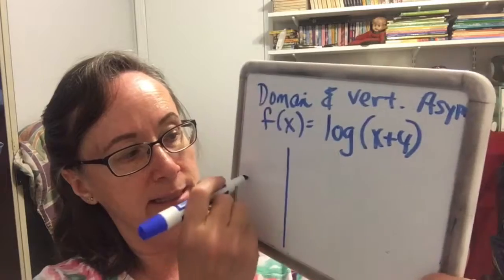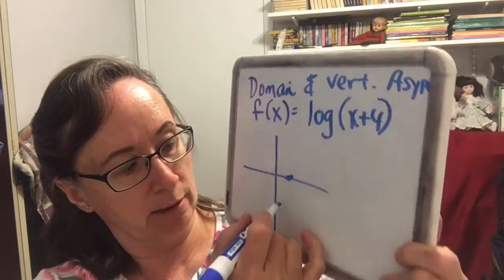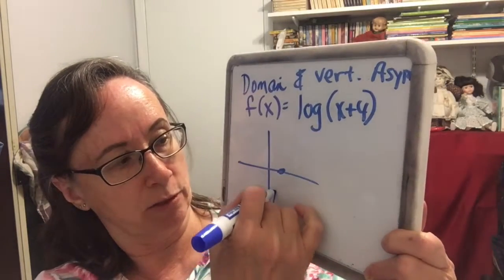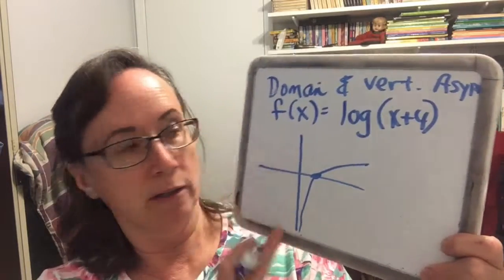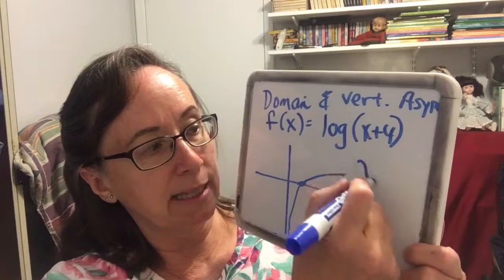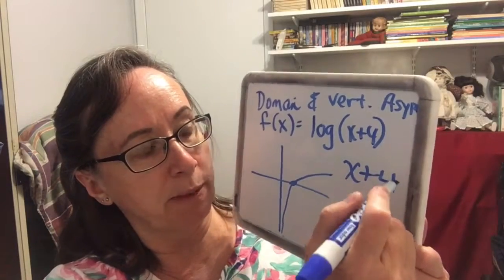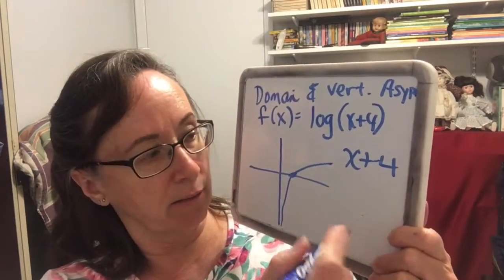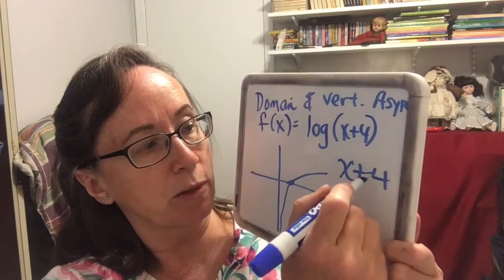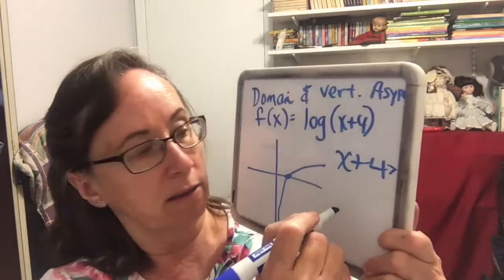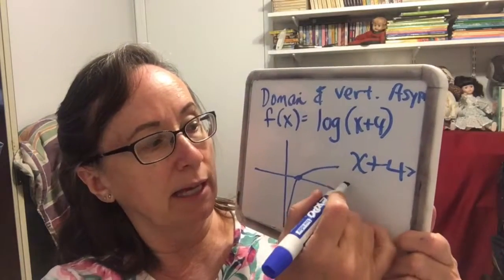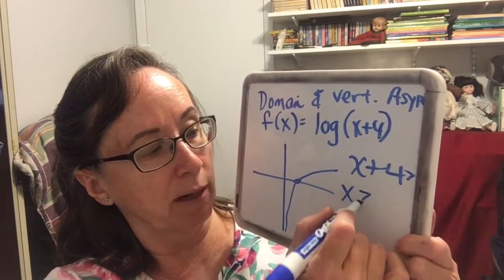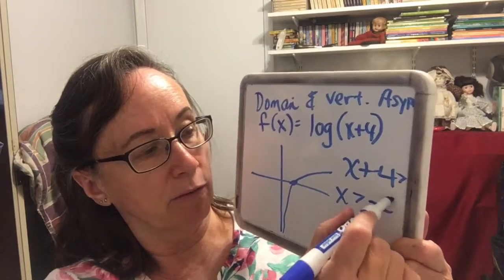And again, this is because our logarithmic graph is always going to come up here to the right of 0. There's nothing over here. So we can basically say that x plus 4 must be greater than 0, only greater than 0, not equal to 0, then we'd have x must be greater than -4.